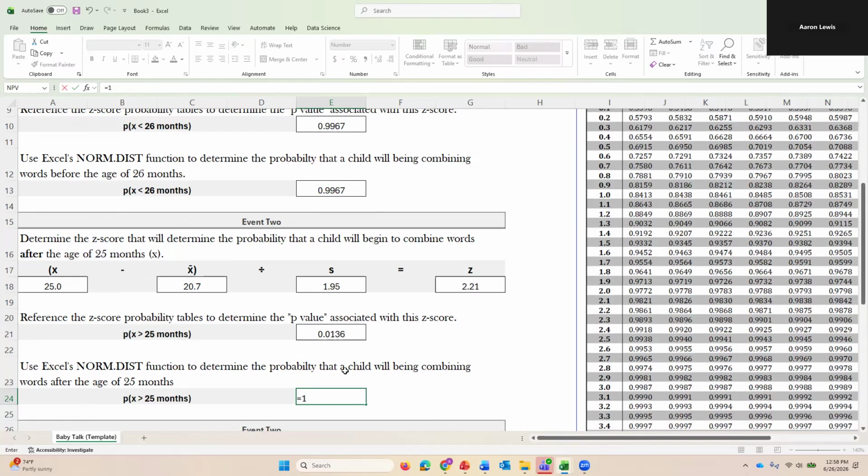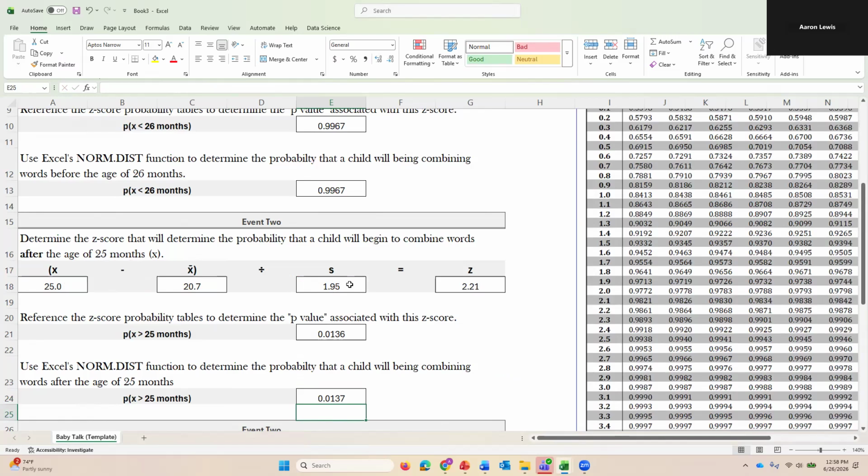This is equal to 1 minus norm.dist. The x that we're looking for now is 25. The mean of the sample is 20.7. The standard deviation of the sample is 1.95. And we want to say true. And you'll get 0.0137.